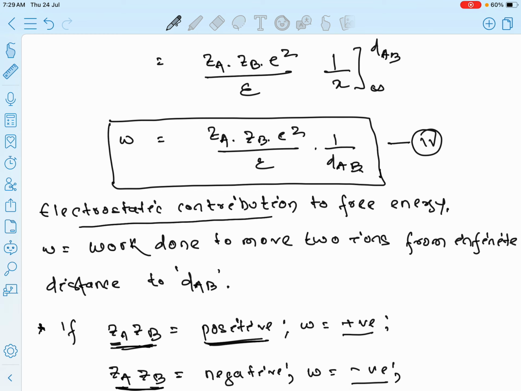There are different types of non-electrostatic contribution that can also take place, and the free energy or the work done calculated for those non-electrostatic processes is said to be the free energy due to the non-electrostatic contribution. Therefore, a term for non-electrostatic free energy will also be there for calculation of the total free energy of activation.